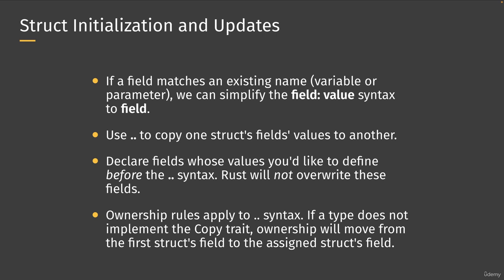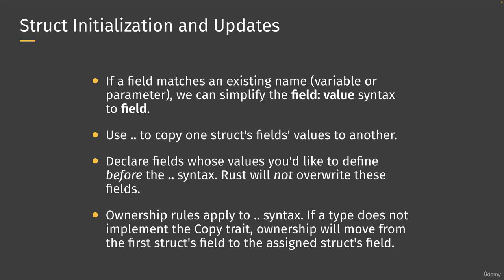You can also use the double dot syntax to copy over one struct's fields values to another struct. It's important though that that will copy everything over. So if you want to define independent values for any fields, you must declare those fields before the double dot syntax. That tells Rust to keep those field definitions, then copy over any remaining ones from the first struct.